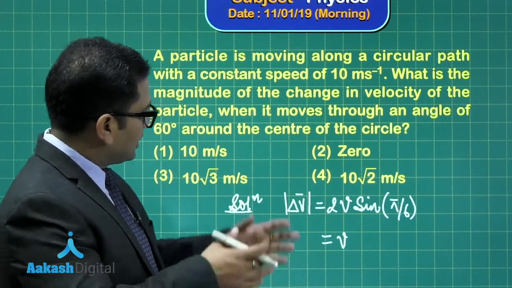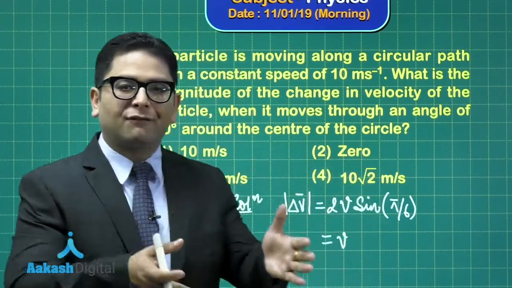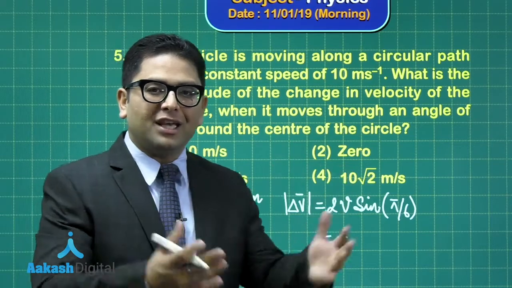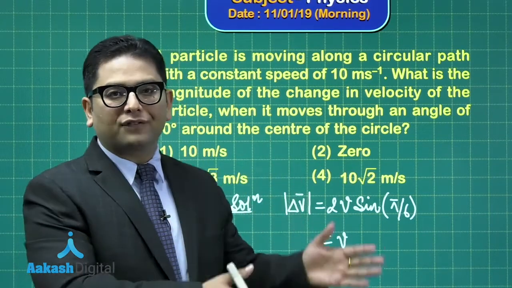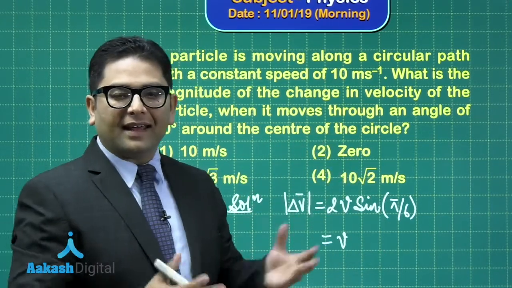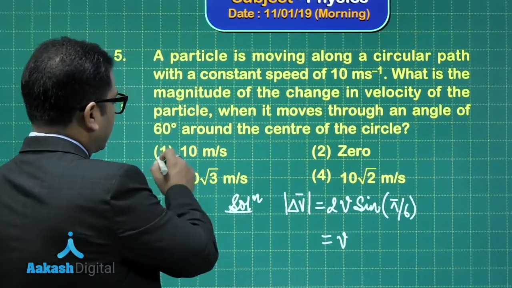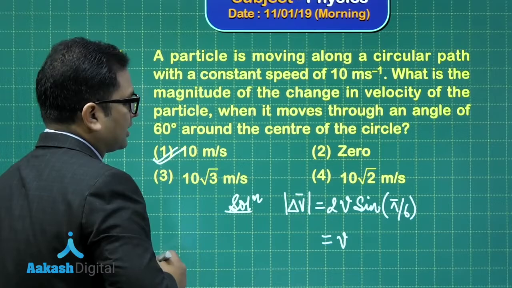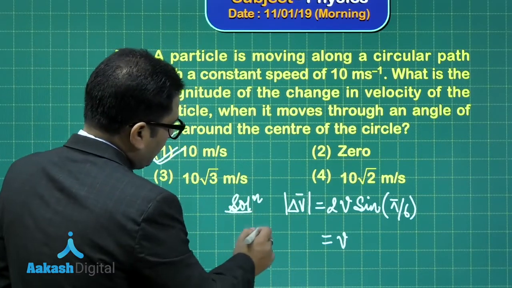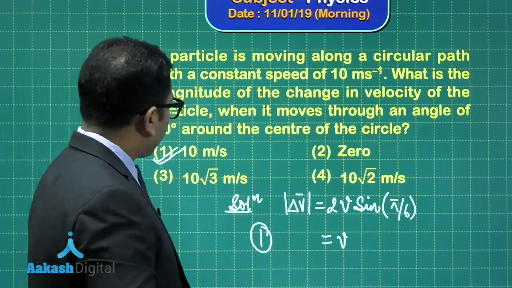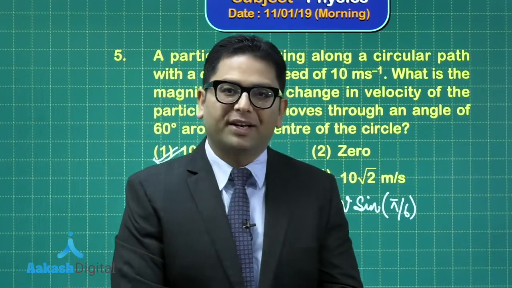In other words, the magnitude of the change in velocity is itself equal to the magnitude of the given vector. And the magnitude of the given vector is 10 meter per second. So the correct option would be option number 1. Therefore, the correct option for question number 5 here comes out to be option number 1.